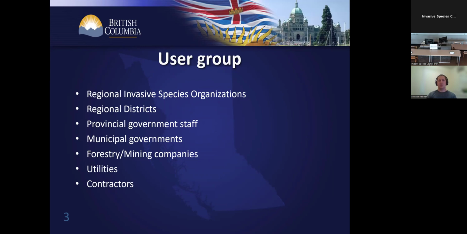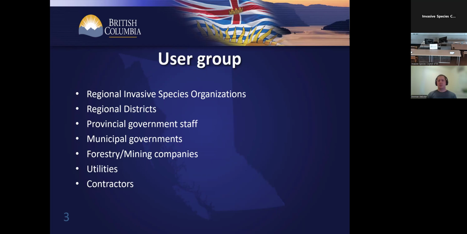They correspond generally to regional districts. So a regional district generally will have a regional invasive species organization area, and they'll generate priority site lists at the start of the field season based on their area, the species and the jurisdiction, and all of their data for the field season will end up getting uploaded into the database.